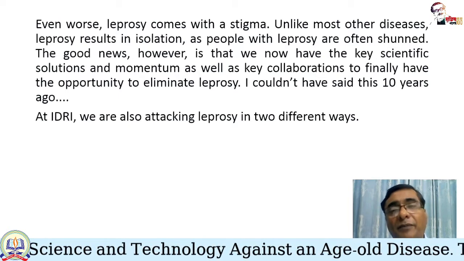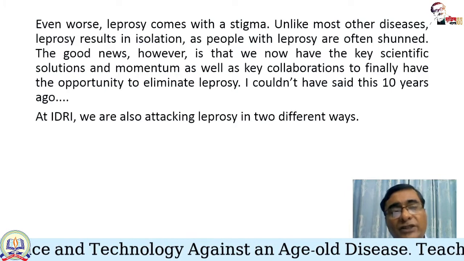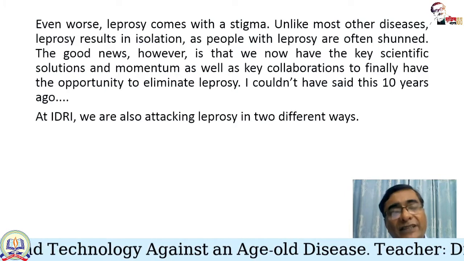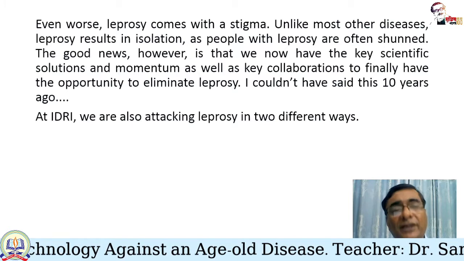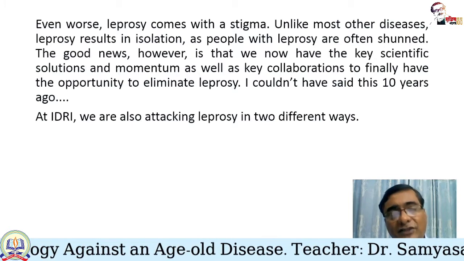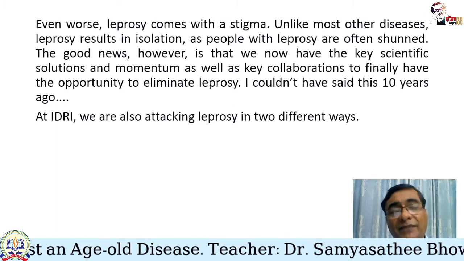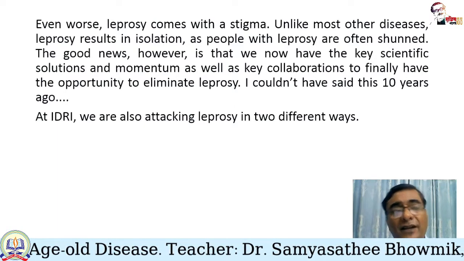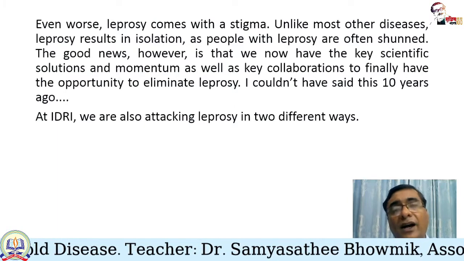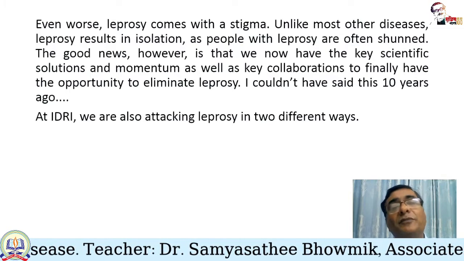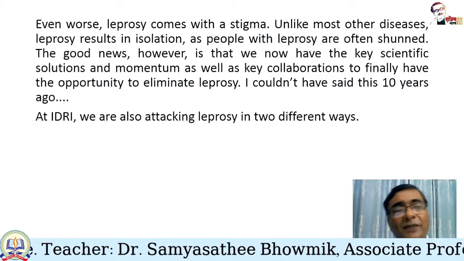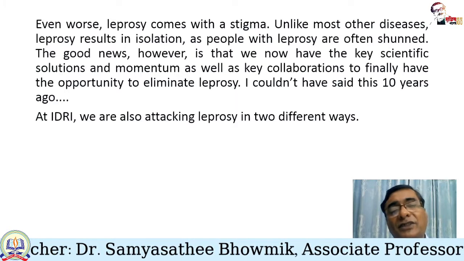If a person is diagnosed with leprosy, people forsake him and don't mix with him. He becomes isolated, alienated, separated from society. In other diseases, people don't isolate the person, but in leprosy, the person is isolated.